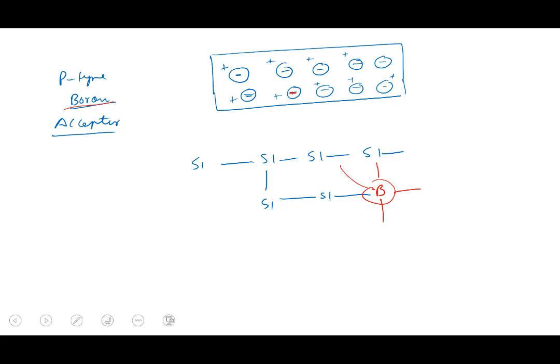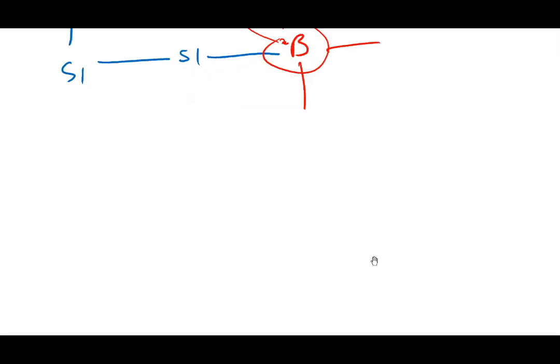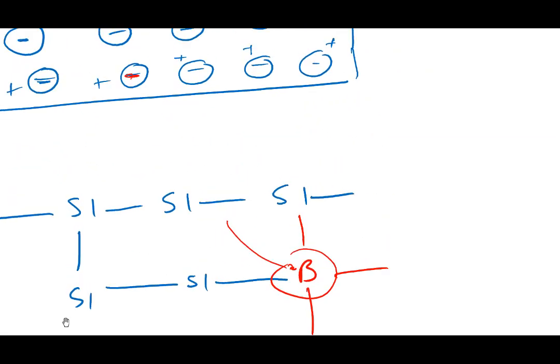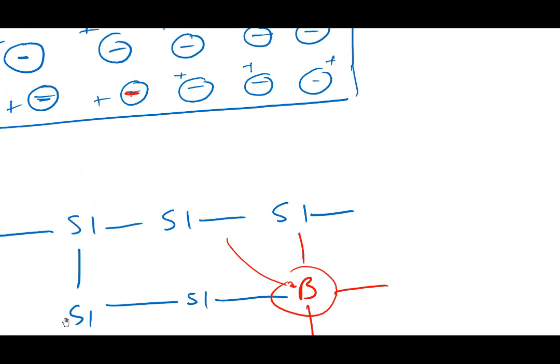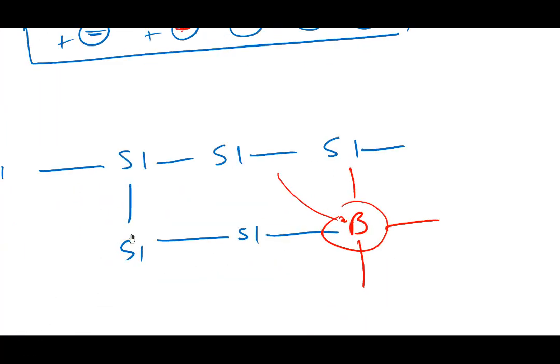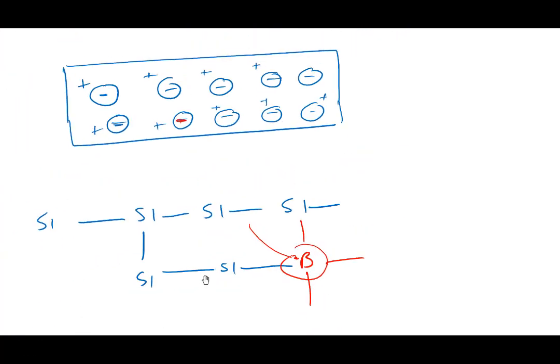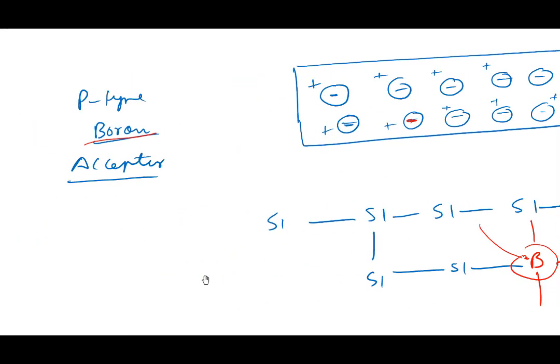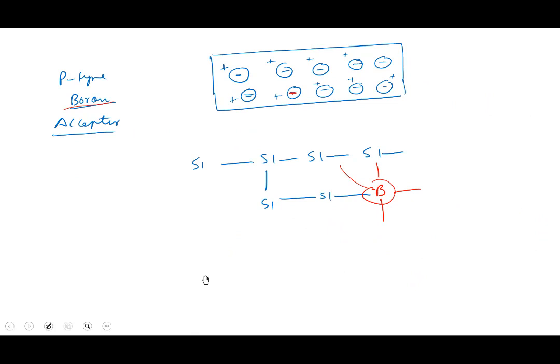We said holes are P equal to Na, maybe equal to 10 to the power 17, and electrons are only 10 to the power 3, just as an example.